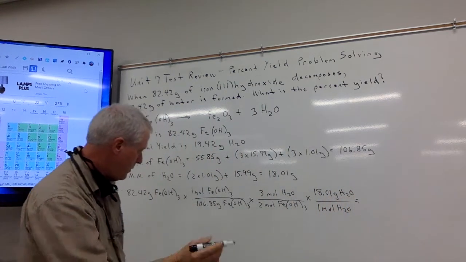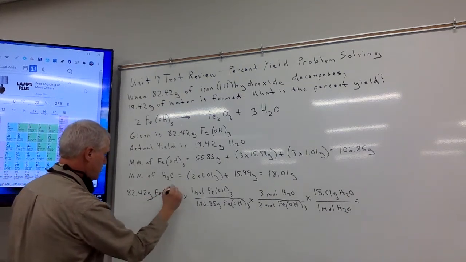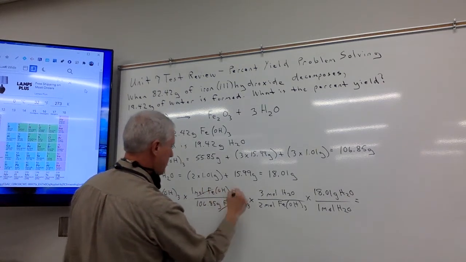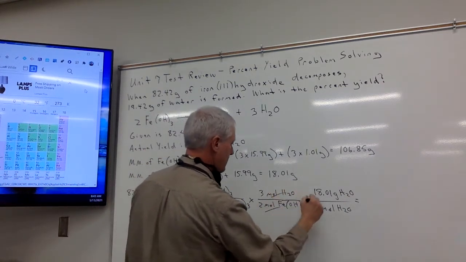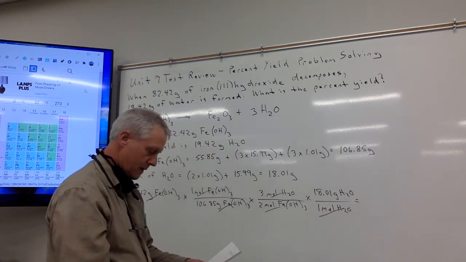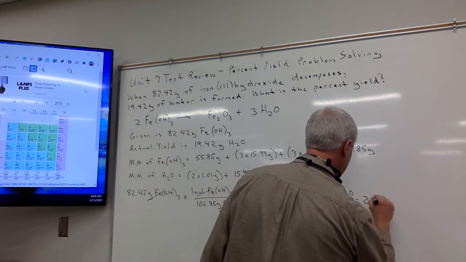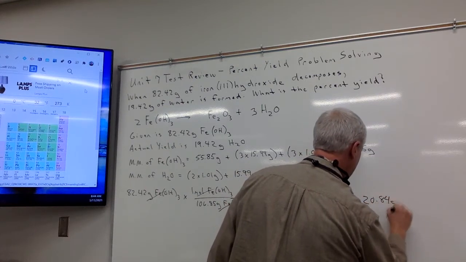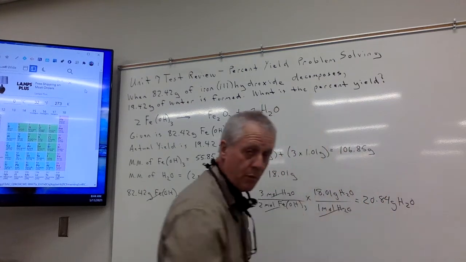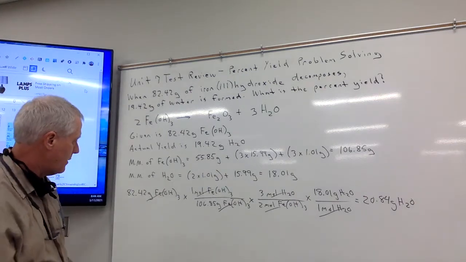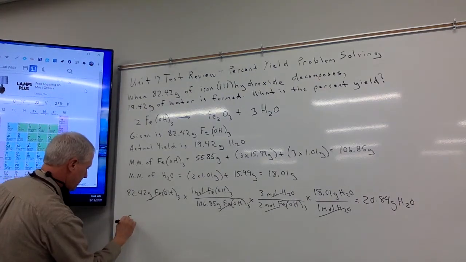And as we do the math calculation here, and we cancel out our units, it turns out to be 20.84 grams of water.